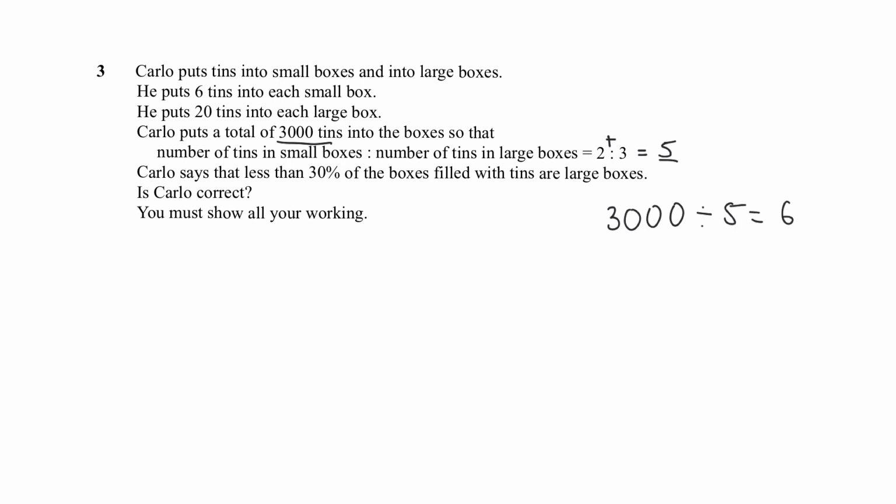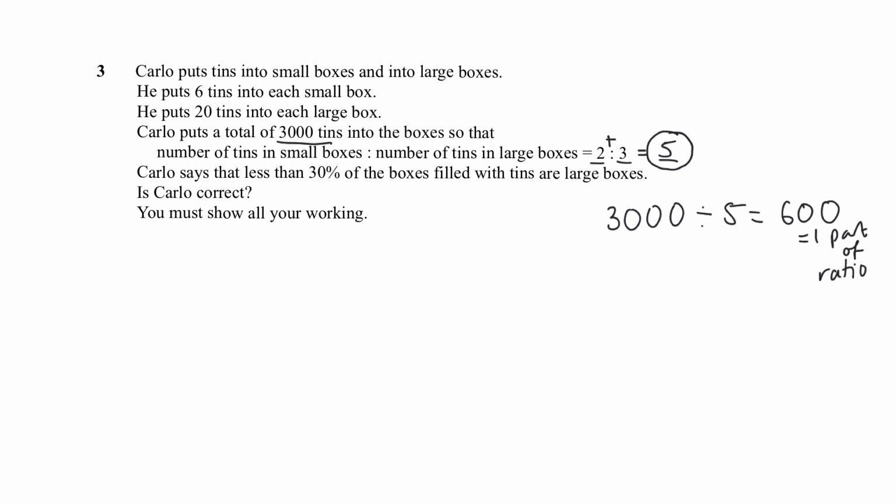In your calculator, that should leave you with 600. So now that means that out of any 5 tins, 2 of them would be in a small box, 3 of them would be in a large box. So this is equivalent to one part of the ratio.